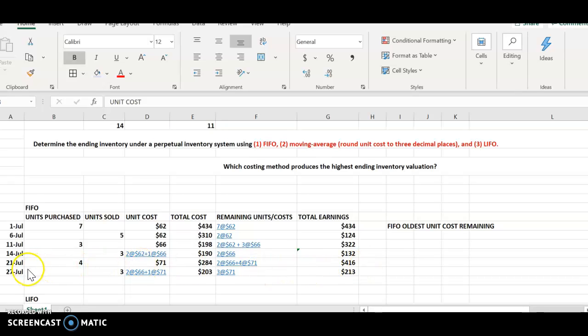And then on July 27, the company sold 3 units. To calculate the unit cost, we use the remaining units: 2 units times 66 plus 1 unit at $71, since we sold 3.